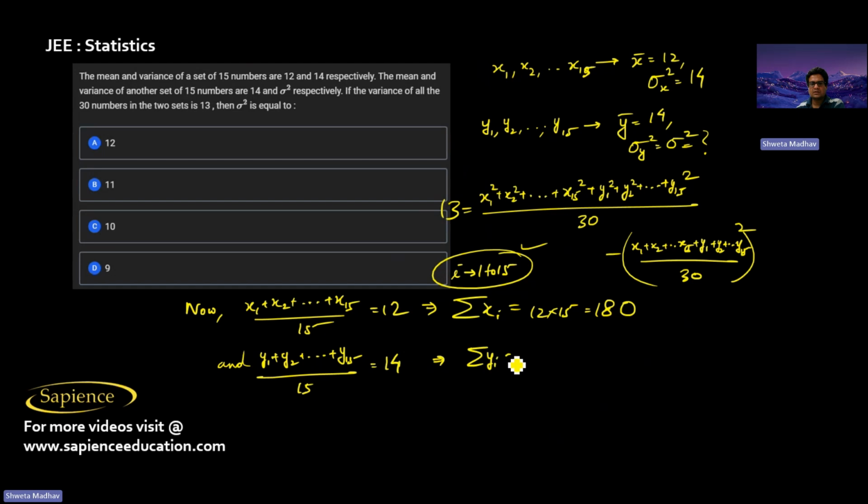Therefore, summation yi is equal to 14 into 15. So that will be 15 fours are 60, 15 ones are 15, that is 210.